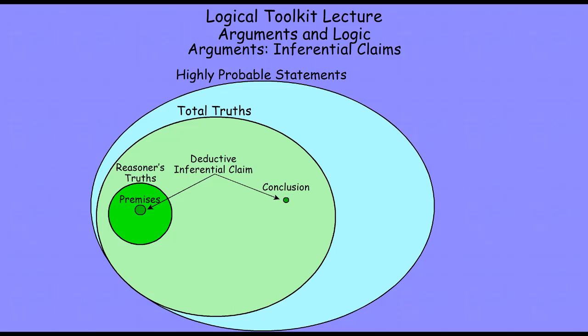And the claim specifically says, if those premises are true, if the reasons are in fact true, then the conclusion also has to be true. And it's a very rigid relationship. If the premises are true, the conclusion must be, has to be, cannot fail to be true. That's the inferential claim for a deductive argument.